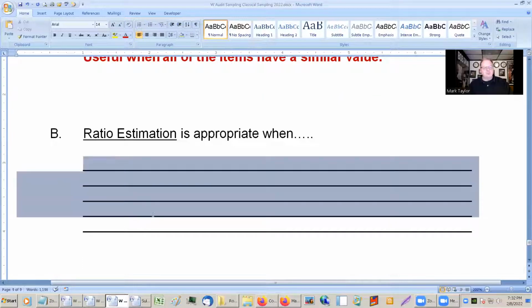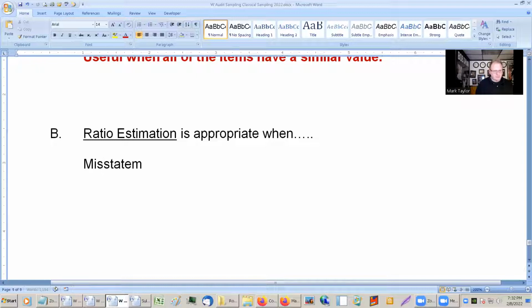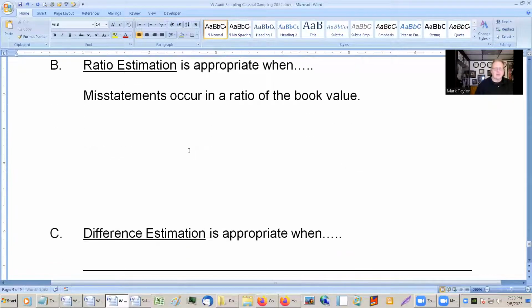Ratio estimation. The statements occur in a ratio of the book value.